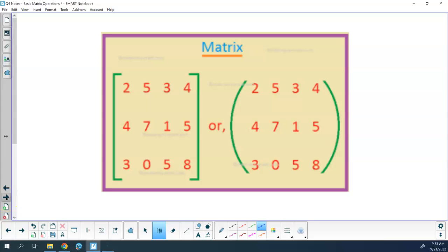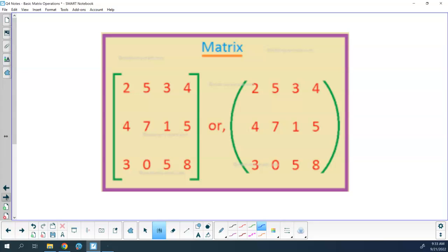Okay. So here's what I was saying about the parentheses. Both of these are matrices, and they both are exactly the same. They both have the exact same dimensions. What are the dimensions of this matrix? 3 by 4, 3 rows, 4 columns.